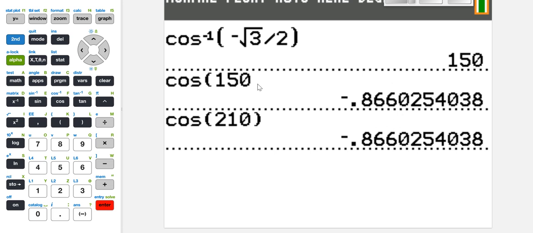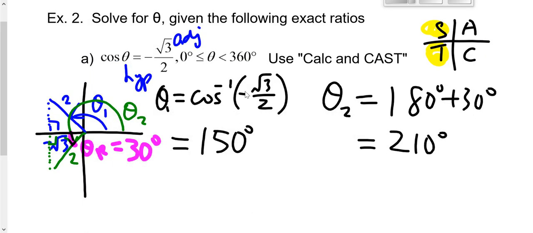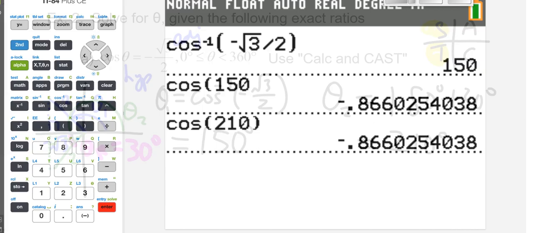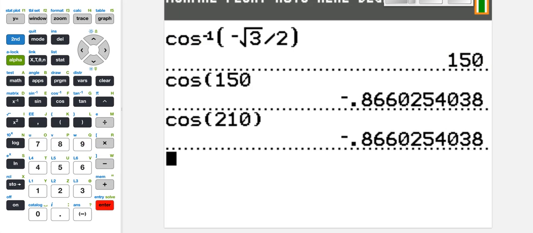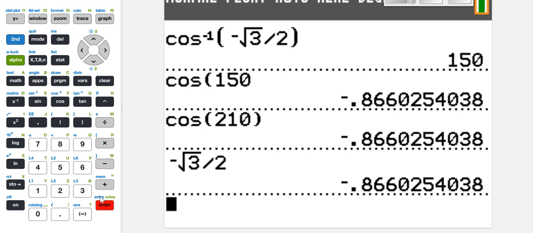And what is this? If you do negative root 3 over 2, negative root 3, bracket, divided by 2, that gives the same.